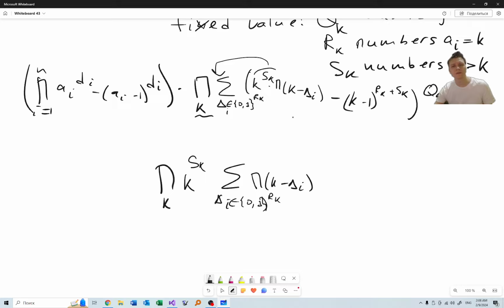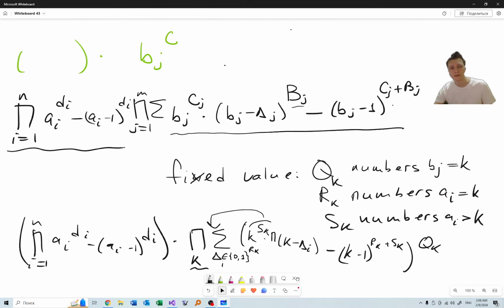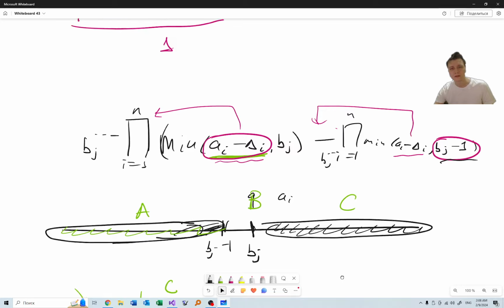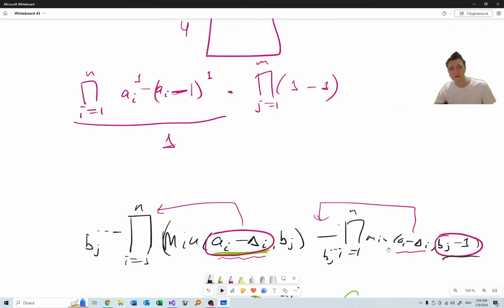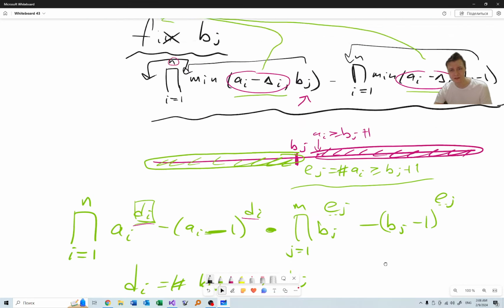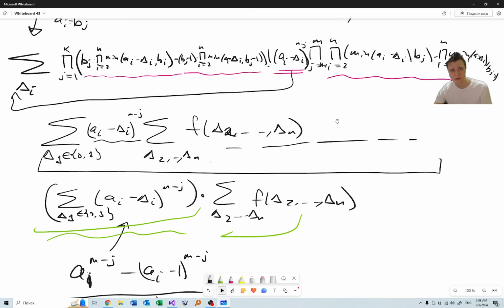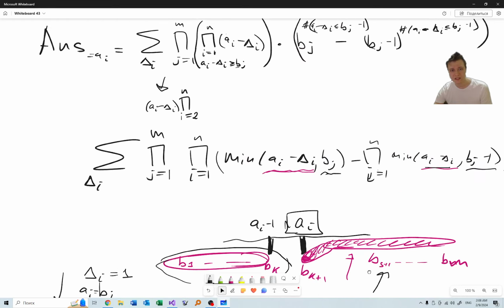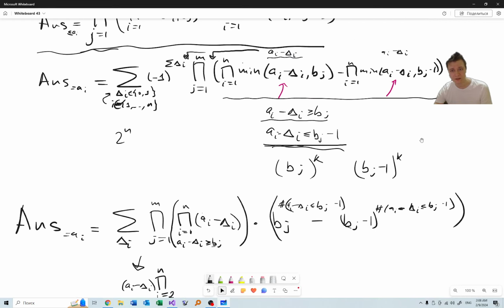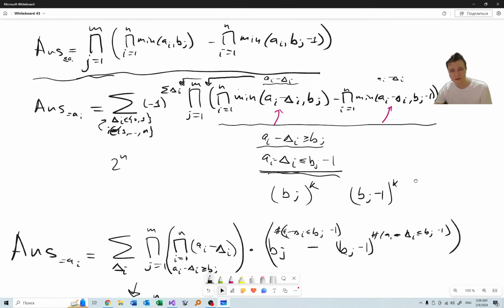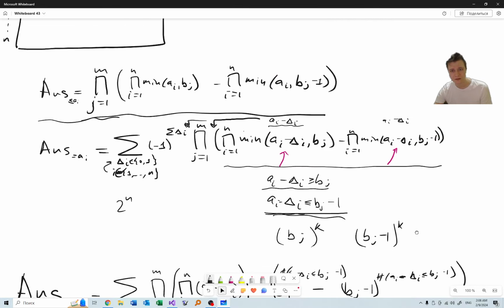Also, I forgot about the power of minus 1 to the power of delta I. Did I forget about it? Yes, I forgot somewhere in the beginning about it. Oh my, I forgot about it. Okay, it is here.